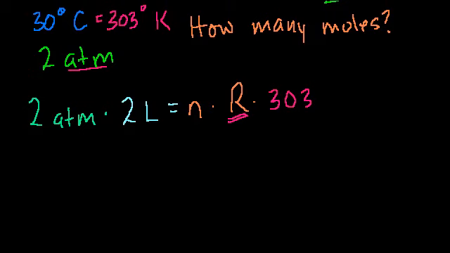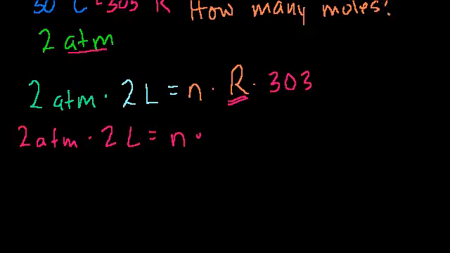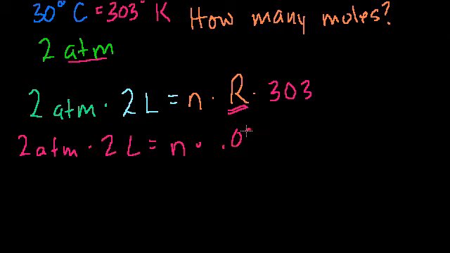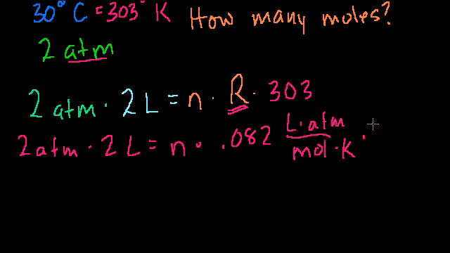So let me rewrite our whole equation, actually. I have 2 atmospheres times 2 liters is equal to n times 0.082 liter atmospheres per mole Kelvin times 303 degrees Kelvin. All right, so let's see if all of the units work out.